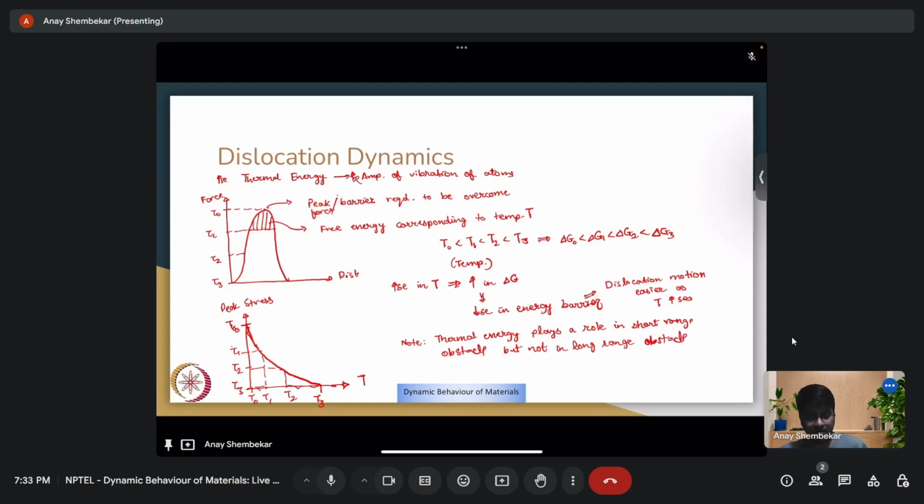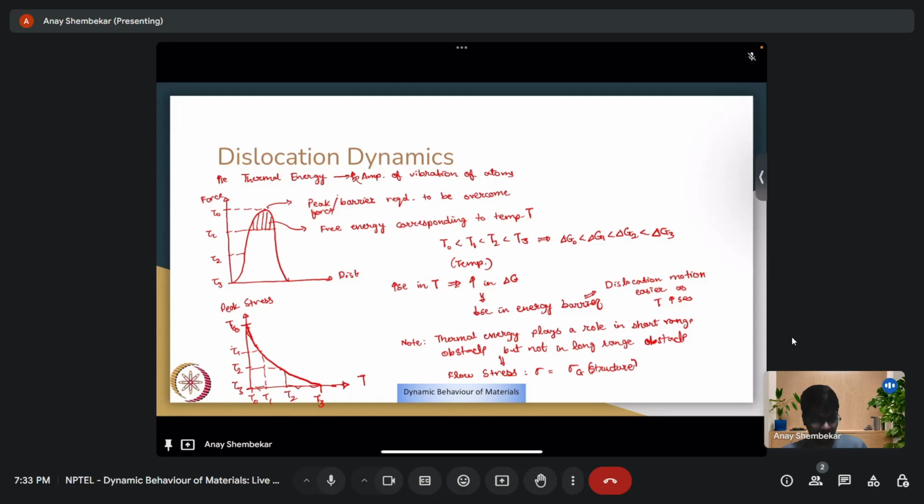So we can write the flow stress at any given point as sigma equal to sigma G, which refers to the athermal barrier. It's a structural property. It depends on the structure.